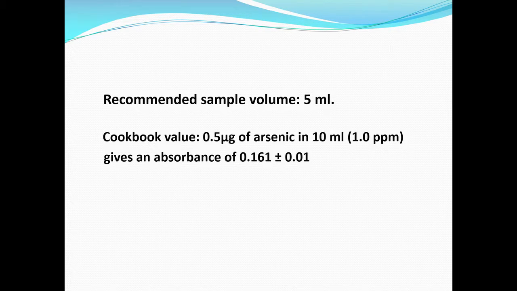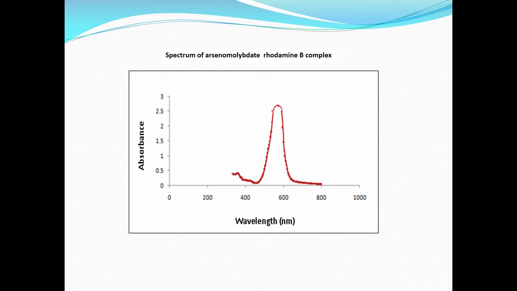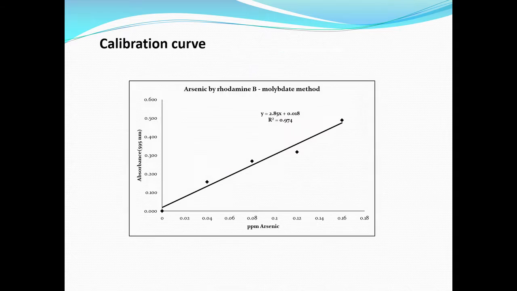If you take a cookbook value, 0.5 microgram of arsenic in 10 ml, that is 1 ppm, gives you an absorbance of about 0.16 plus or minus 0.01. So, this is the arsenic absorbance; it is a fairly simple complex. This is drawn against the blank, and the calibration curve is already here.